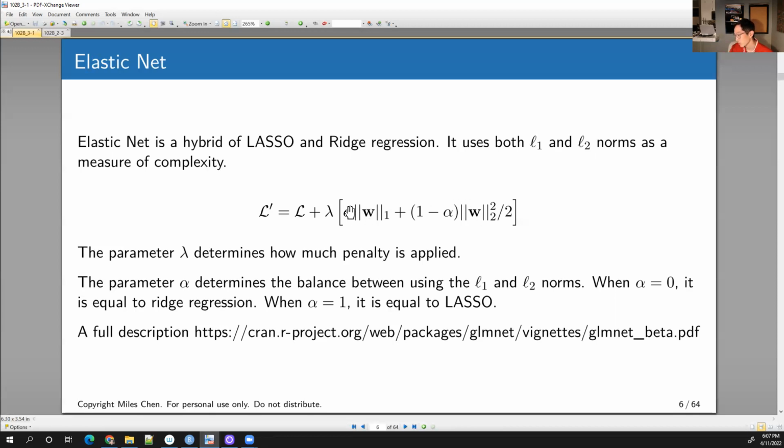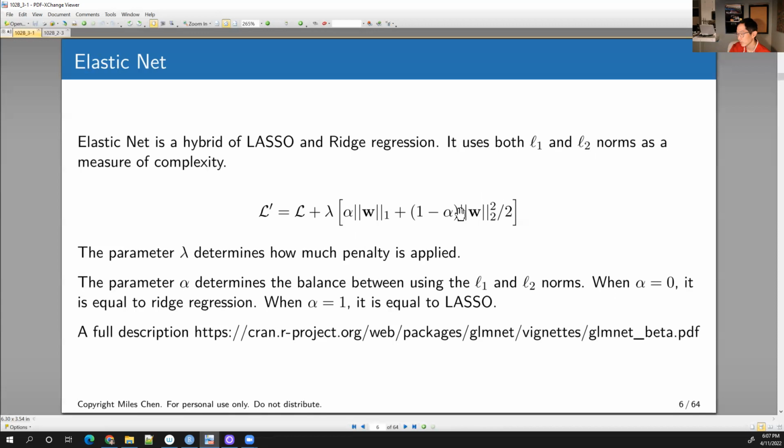And this one is multiplied by alpha, and this one's multiplied by 1 minus alpha. So basically, if alpha is equal to 0, then it basically becomes ridge regression because you'll have no absolute value penalty, and the entire penalty will be based on the sum of squares.